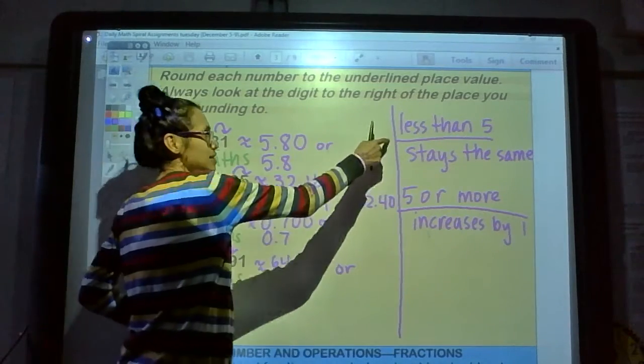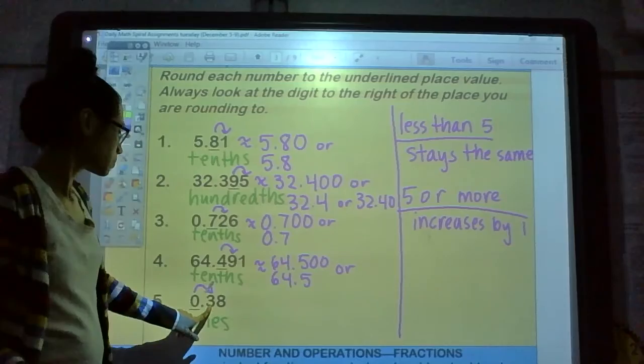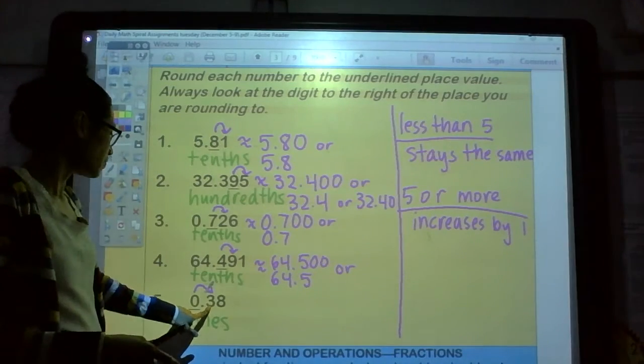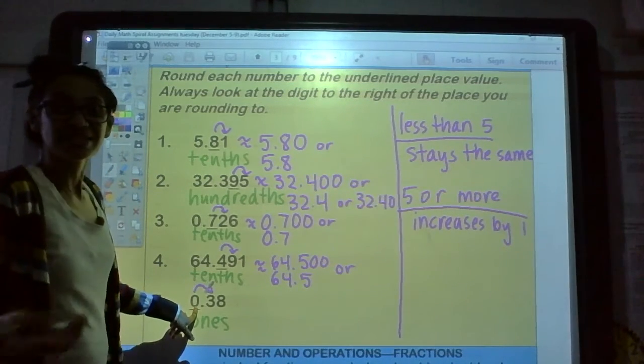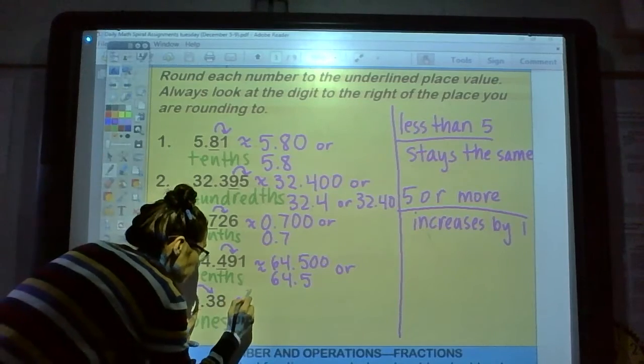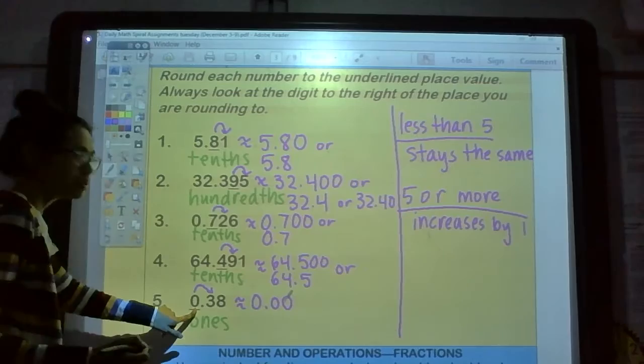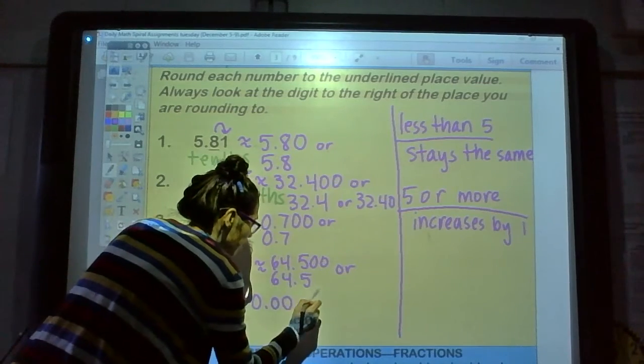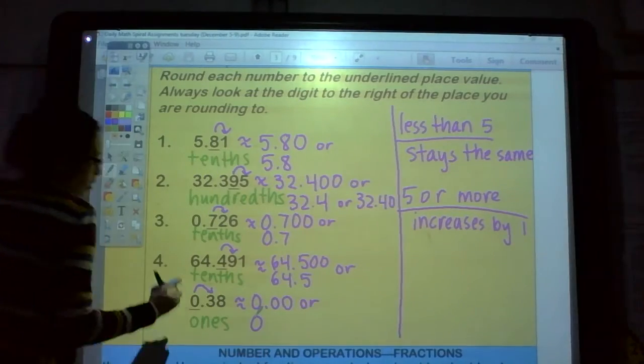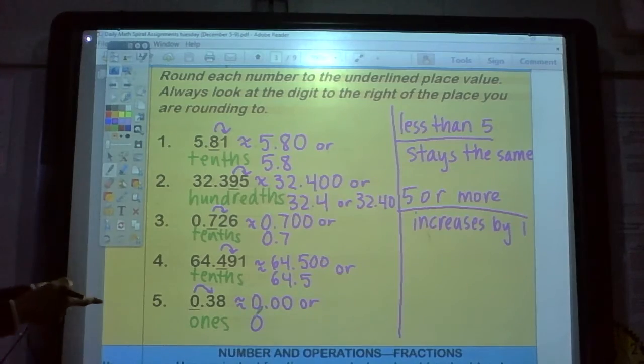Is that 3 less than 5 or 5 or more? It is less than 5, so that 0 stays the same. The rest becomes zeros. So it's 0, which is the same thing as plain old 0. All right, done with that one.